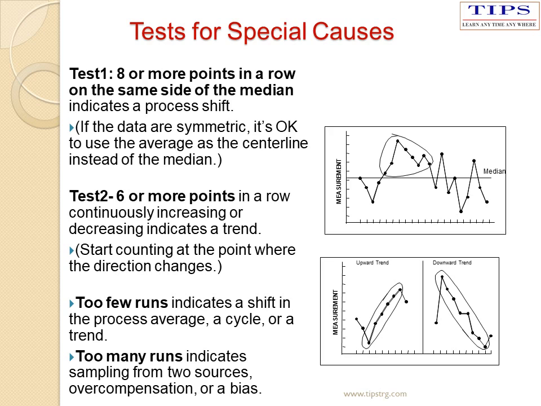Our first test is 8 or more points in a row on the same side of median indicates the process shift. This is shown in the first graph. Second test is 6 or more points in a row continuously increasing or continuously decreasing pattern. This is shown by the second control chart.